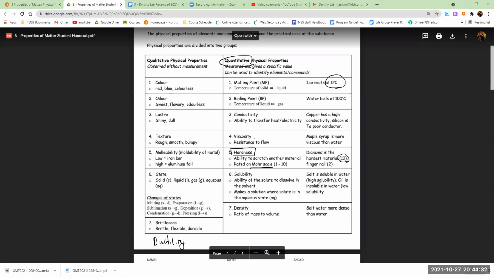Solubility can be calculated based on how well something dissolves, or how much of something you can dissolve in a solvent. Typically, solubility is described as some grams per milliliter of water. So it's still a number. That's why solubility is considered quantitative. Lastly, we talk a little bit about density. There's going to be a full lab on it, so hold tight, but that's another number we can describe.